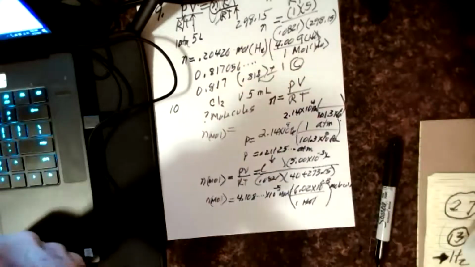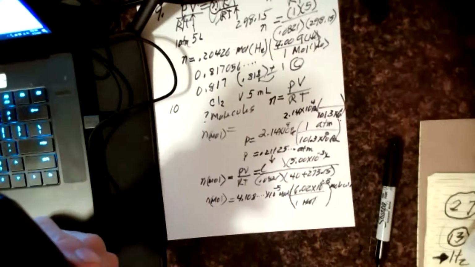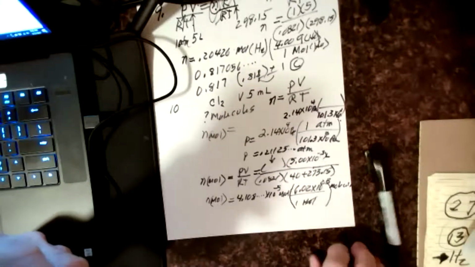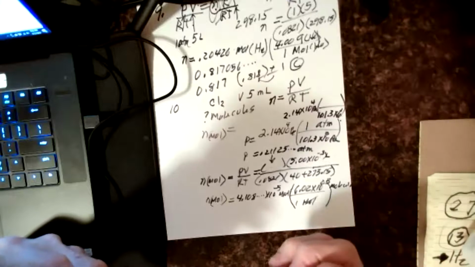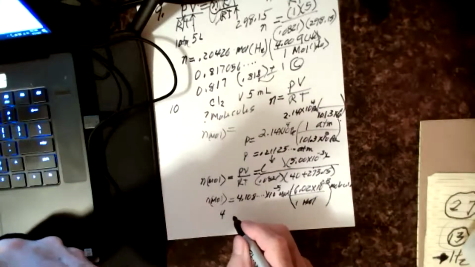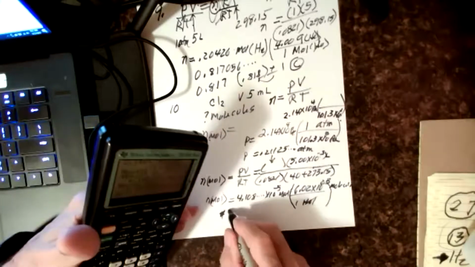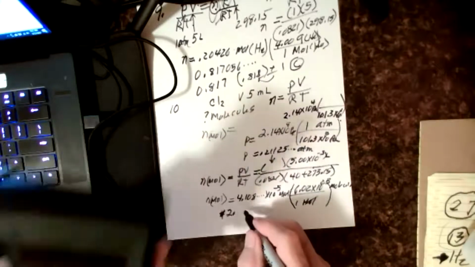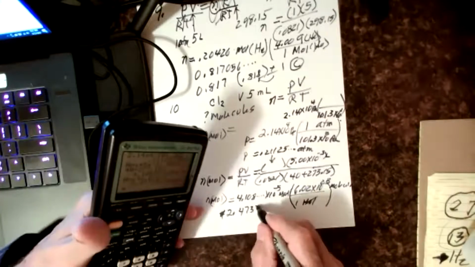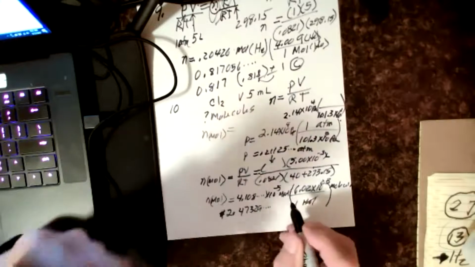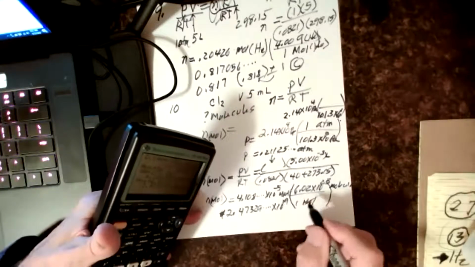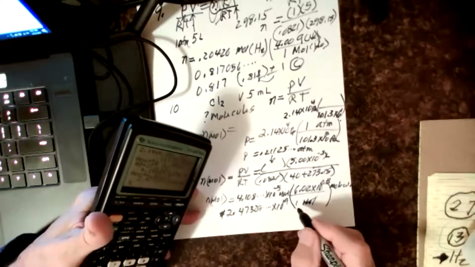Okay, so I need to multiply by Avogadro's number, 6.02 times 10 to the 23. And I'm getting 2.47329, digits like that, times 10 to the 19th molecules.